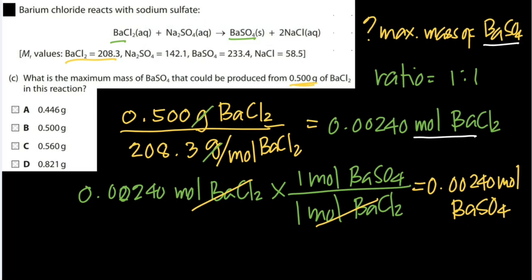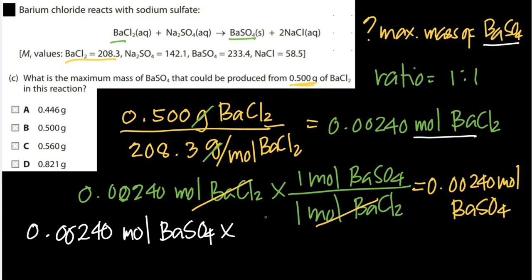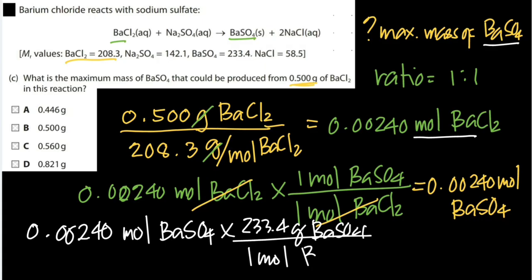So now we already have the number of moles of barium sulfate. Now we can solve for the mass of barium sulfate by multiplying that to the molar mass of barium sulfate. So this is 0.00240 mole barium sulfate times molar mass, this one, 233.4 grams barium sulfate per 1 mole of barium sulfate.